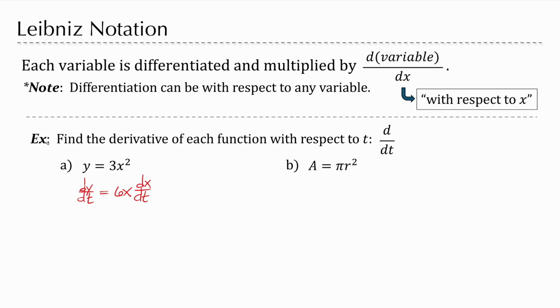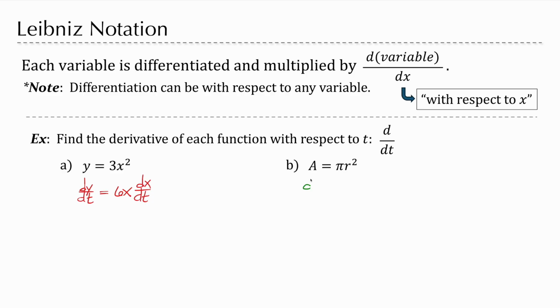Now, if you're wondering what kind of context that looks like, look at the second example. This is the real basic equation for the area of a circle. So it's A equals pi r squared. So what I'm going to do is find the derivative of the equation of the area of a circle, and what that does is it provides me a relationship between the rate of change of the circle's area compared to how fast its radius is changing. So if I go ahead and find the derivative of A, by power rule, that's just 1.